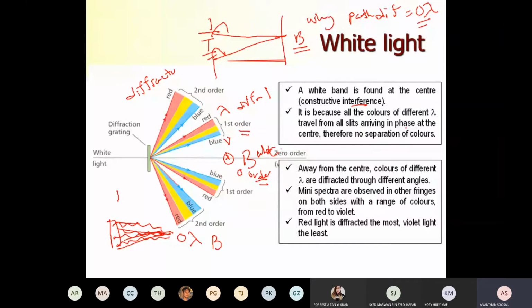Therefore, there is no separation of colors. All are in phase at the center, so they are bright. Path difference is 0. Away from the center, colors of different lambda are diffracted through different angles. This is why a spectrum forms: different wavelengths spread at different angles. Mini spectra are observed in the other fringes on both sides, from red to violet. Red is diffracted the most, so it will be further from the center.